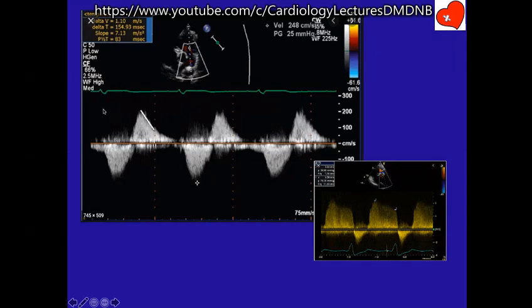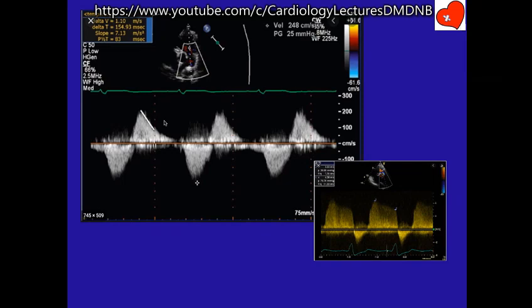Example of low pressure severe PR: absent pulmonary valve, but more common, post balloon. Hey, come on. Most common condition I'm asking.